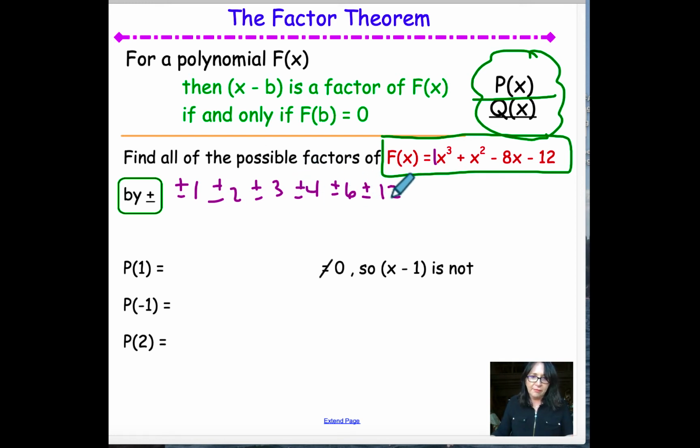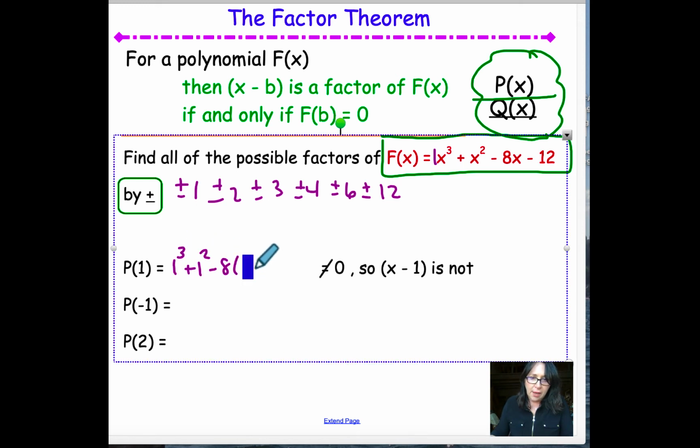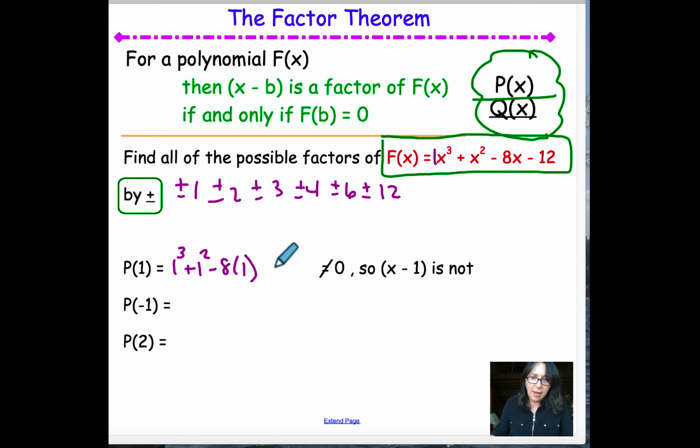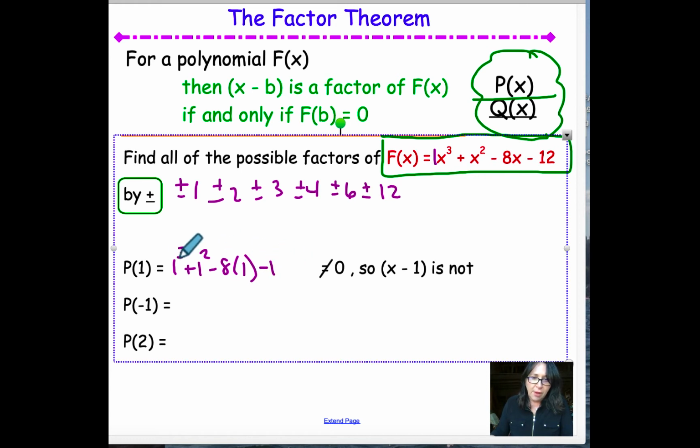So hopefully one of these will work, but I'm not sure. So let's plug it in. If I plug in 1 into the equation, I get 1 cubed plus 1 squared minus 8 times 1, and then minus 12. So I have 1, 1, so that's 2. 2 minus 8 is negative 6.